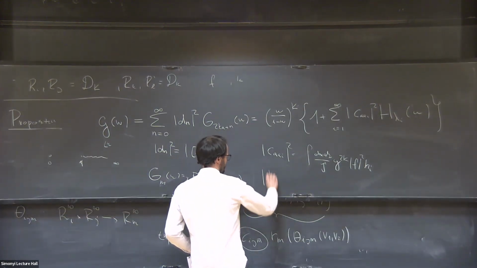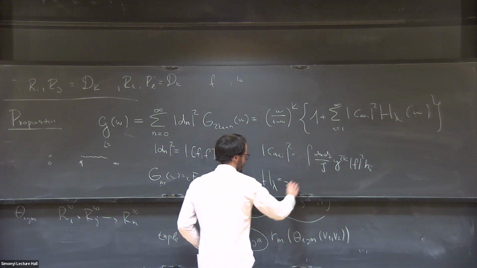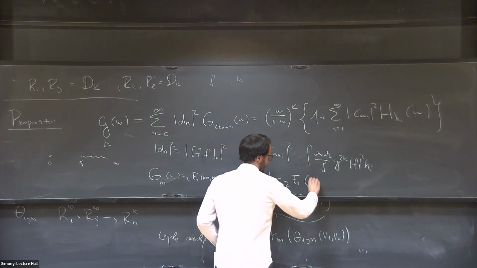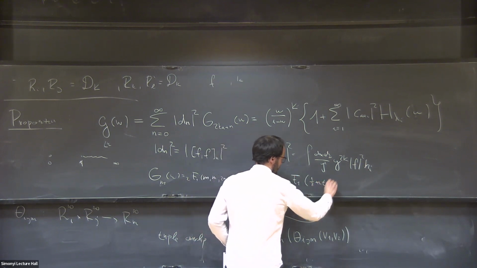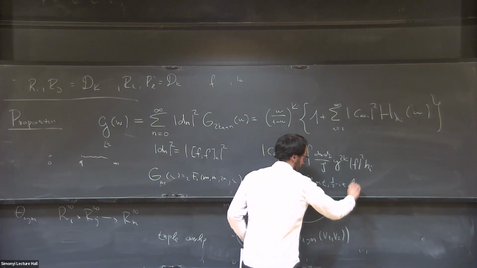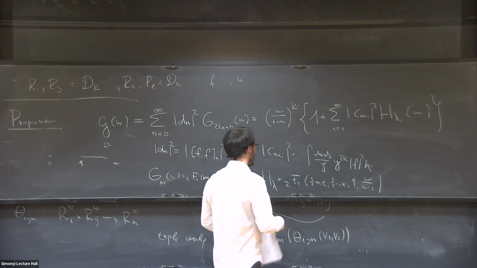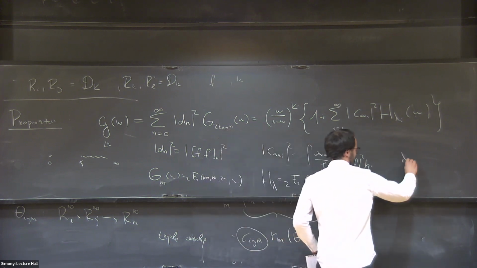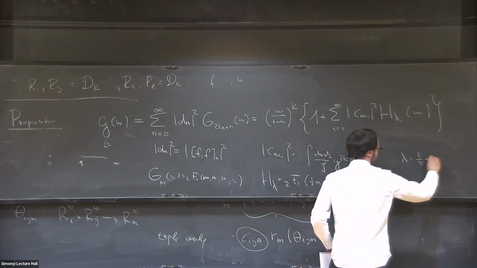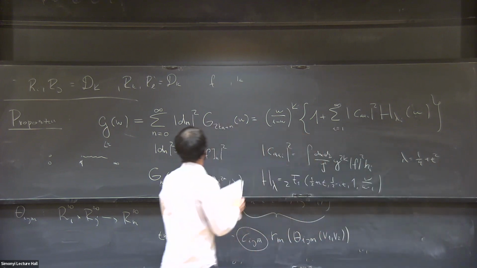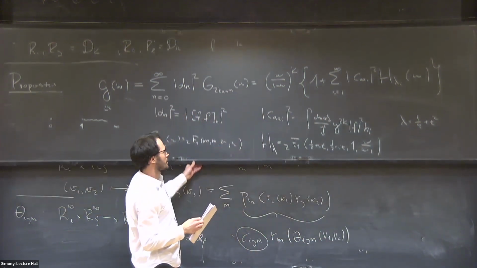H is another hypergeometric function, with parameters 1/2 plus it, 1/2 minus it, 1, where lambda is 1/4 plus t squared. That's the spectral identity that I was talking about at the beginning.